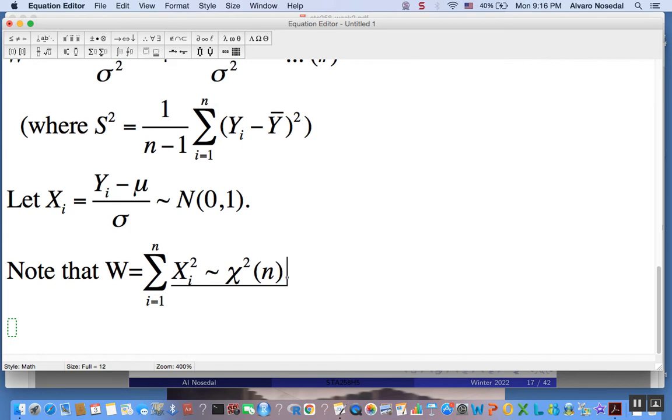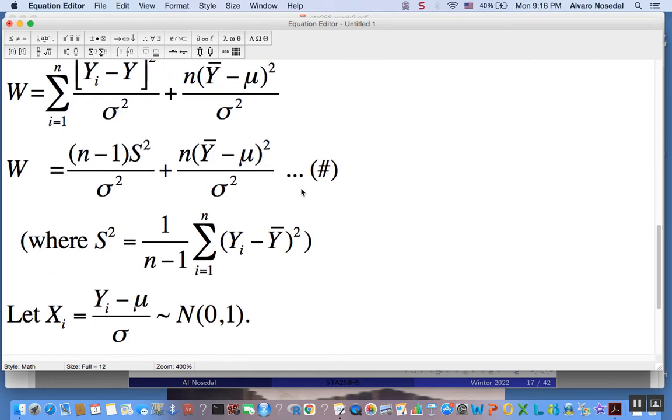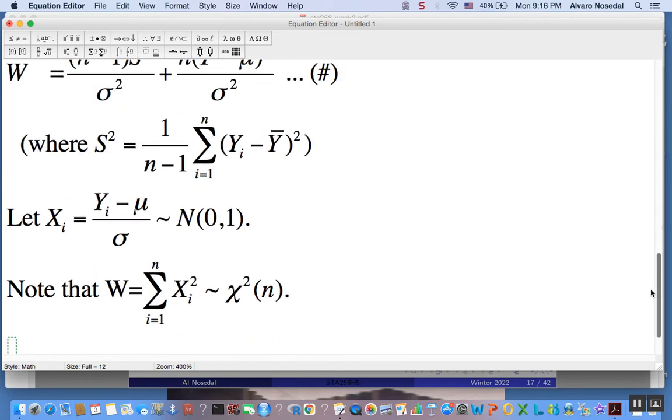Now, another observation. See that quantity here? Y bar minus mu squared divided by sigma squared divided by n.